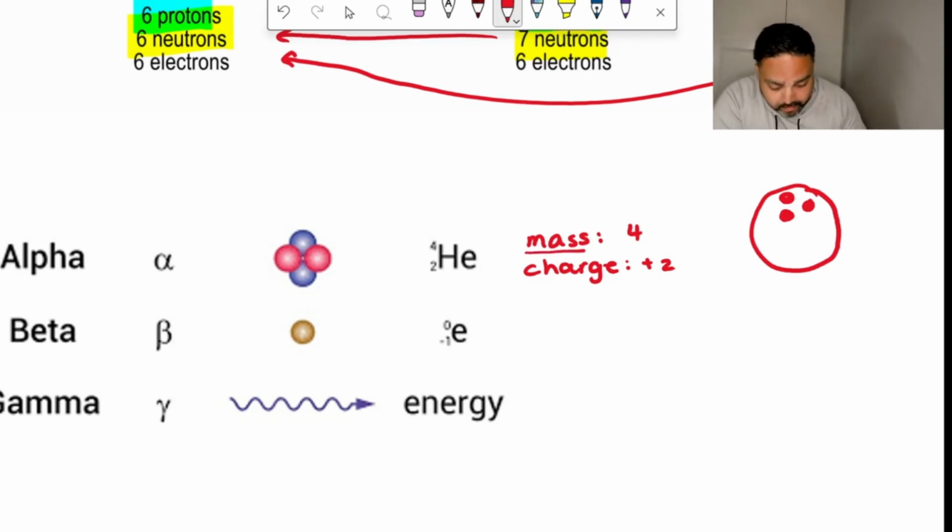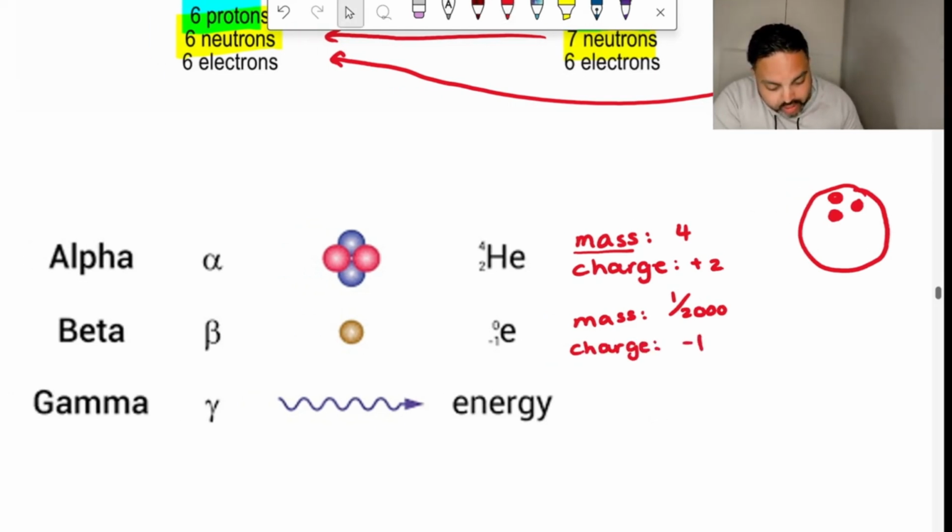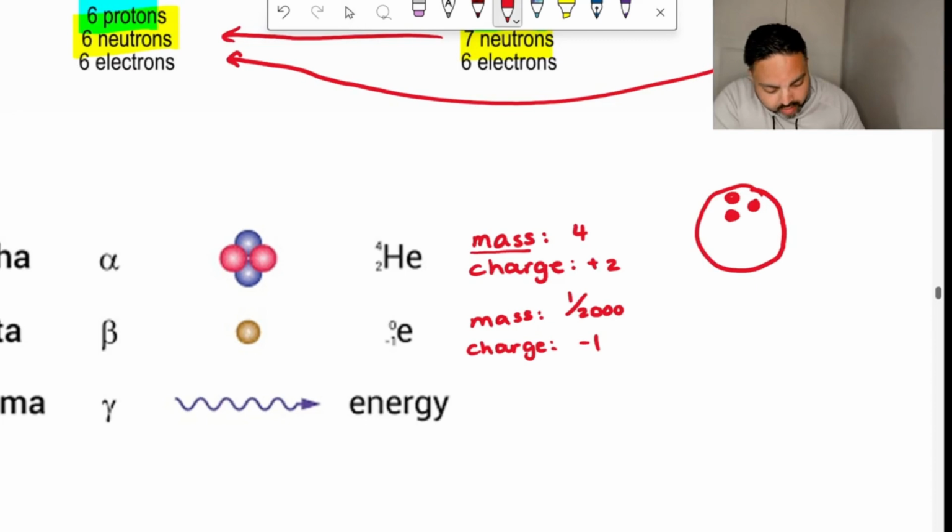Beta particles are electrons, so they have a mass of 1/2000 atomic units, so they are very, very small, but they've got a charge of -1. Beta particles are more like ping pong balls, right?